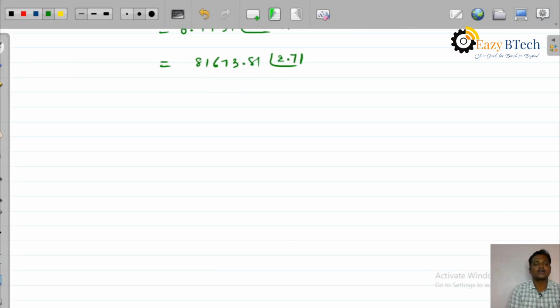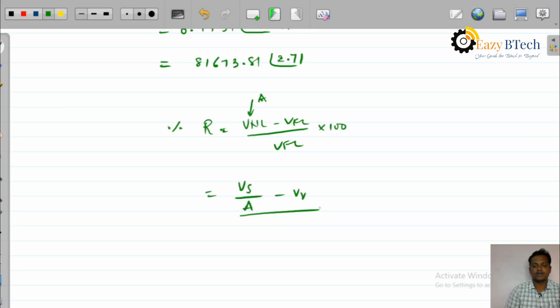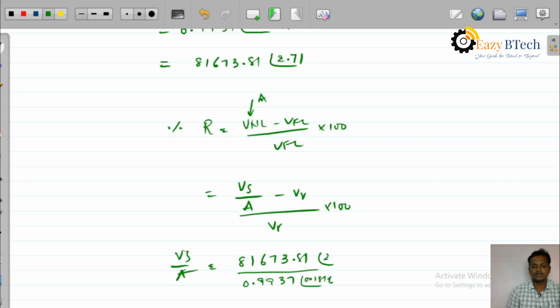Now we will calculate the percentage regulation. Percentage regulation equals V no load minus V full load divided by V full load into 100. Once we know the A value, automatically the no load voltage is Vs by A, minus VR, by VR, into 100. Here Vs by A is 81673.81 divided by 0.9937 at an angle 0.1816. It is 2.71.